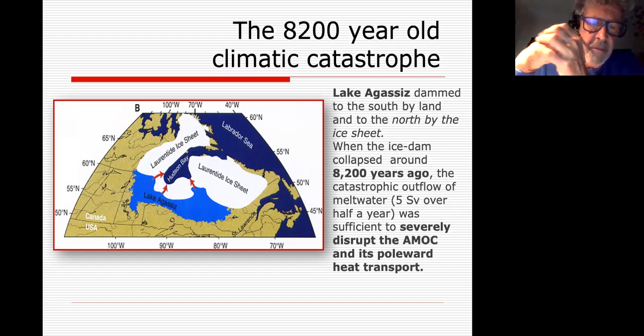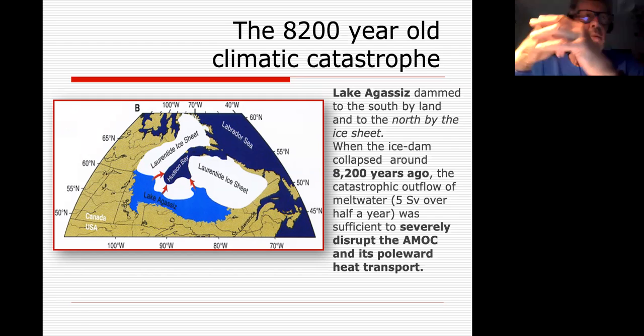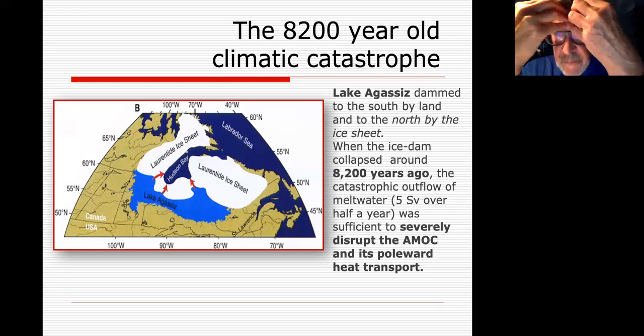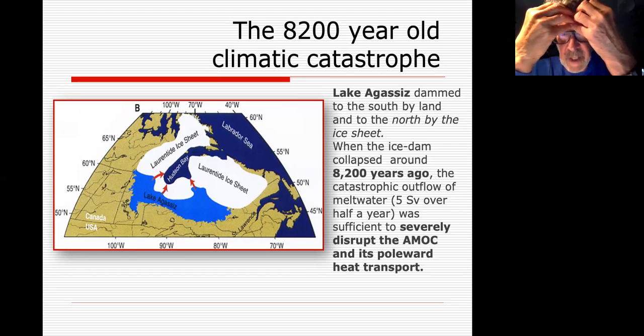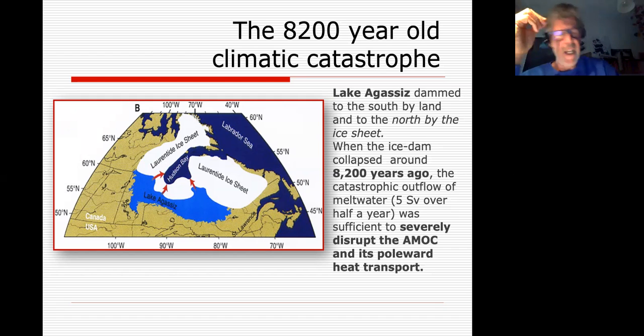This is an extreme event that takes place in an abrupt way, quite differently from what we can see in the future, but still the take-home message is that such a process can severely affect the circulation of the North Atlantic.